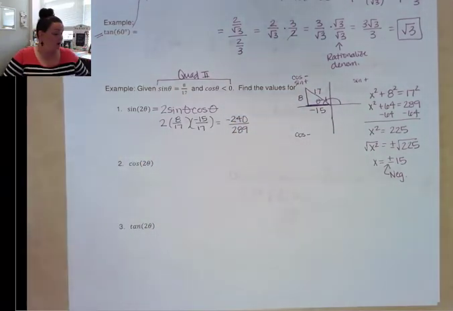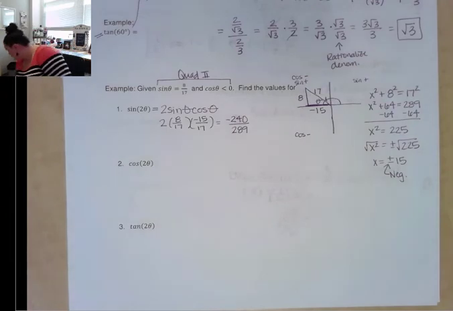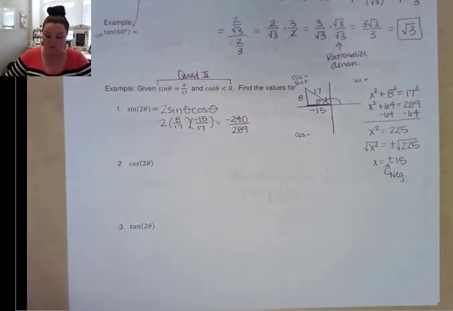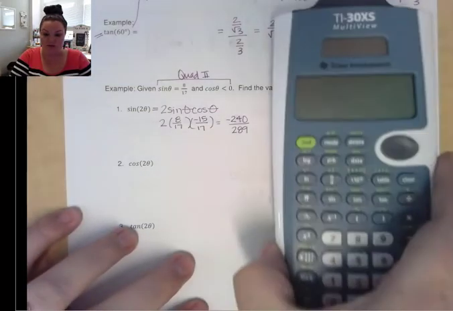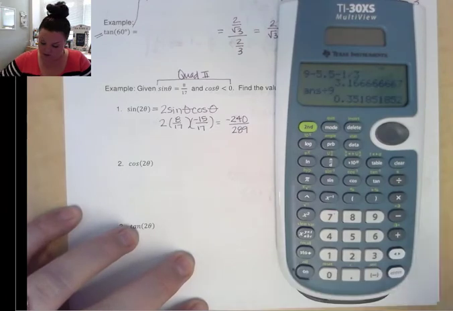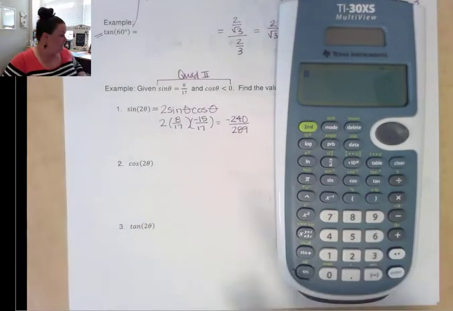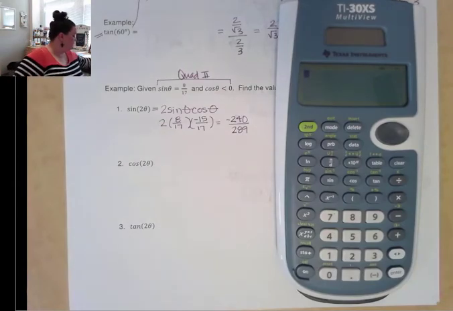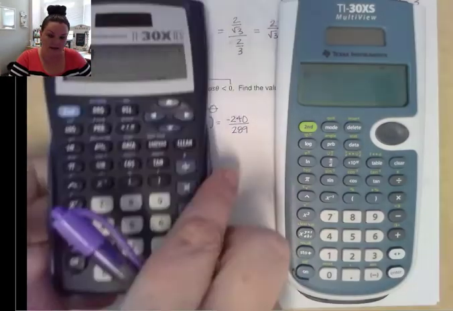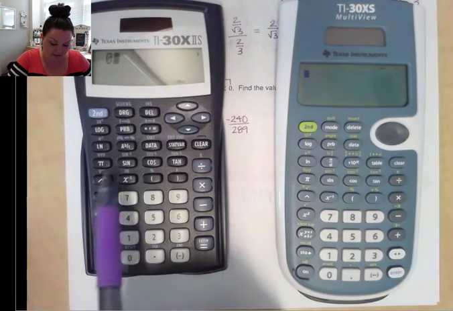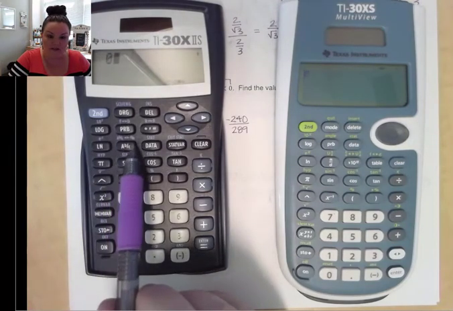On problems like this, I would suggest using the fraction button on your calculator, because once you plug it in, it will reduce it for you. If you have a calculator that looks like this, it's the N over D button. If you have a calculator that looks like this one, it's this A, B over C button.